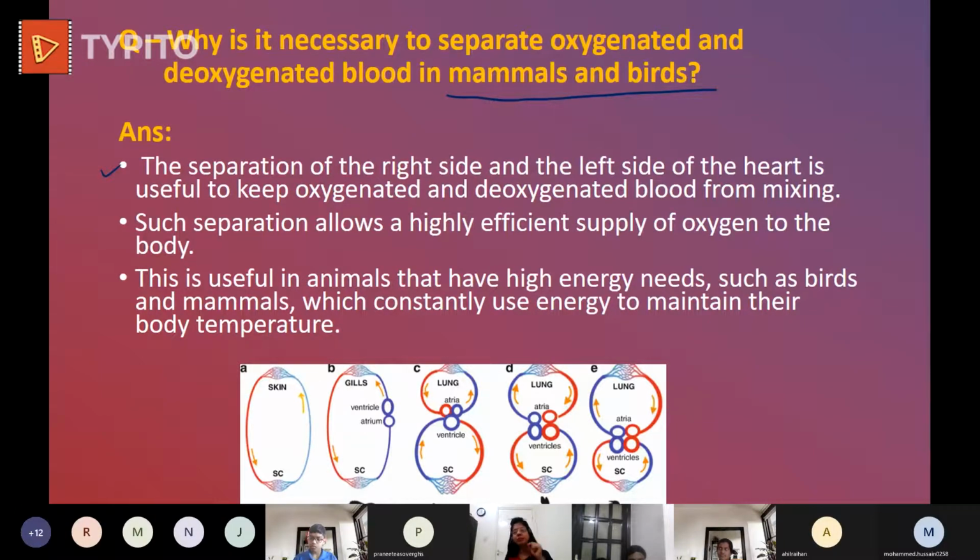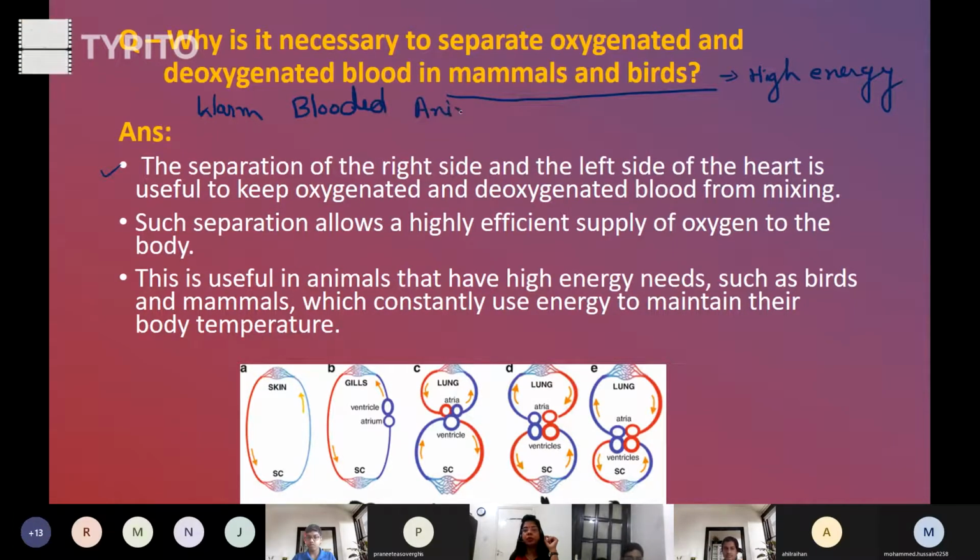Mammals and birds have a high energy requirement. You know why? Because we are warm-blooded animals. What is the meaning of warm-blooded animal? We have to keep our constant body temperature. For maintaining that constant body temperature, you require a lot of energy.